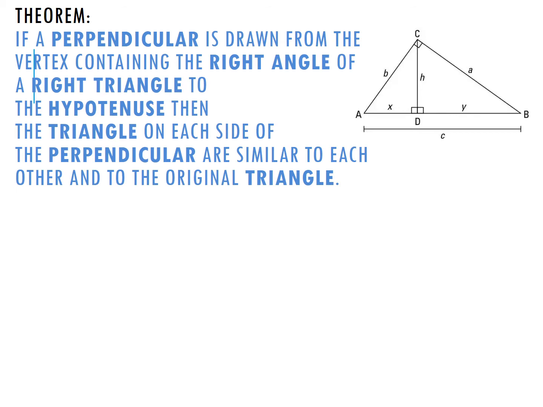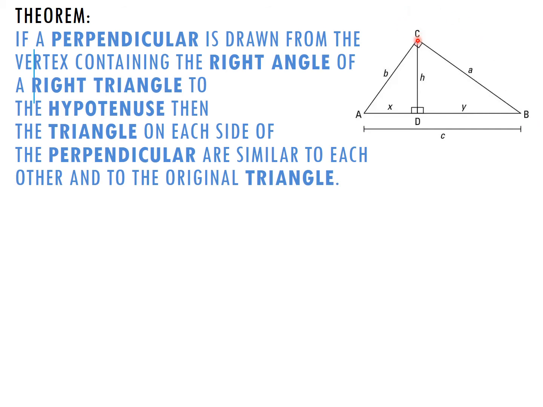the triangles on each side of the perpendicular are similar to each other and to the original triangle. If we take a triangle ABC right over here, and at angle C it is right angled, and opposite to it we have the hypotenuse AB.